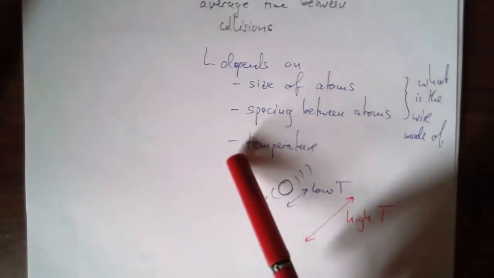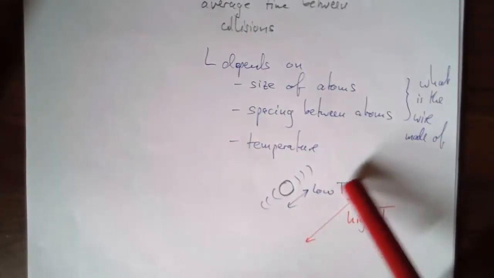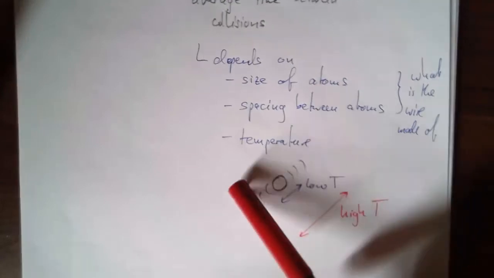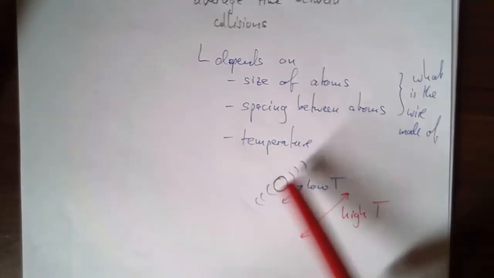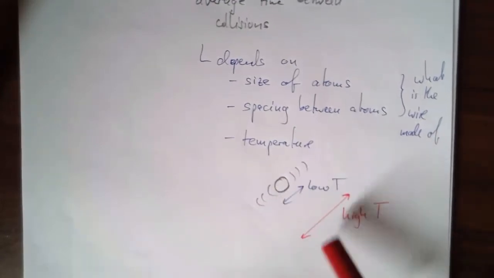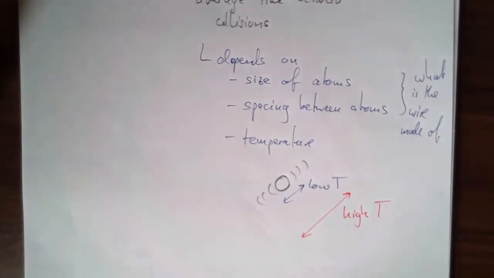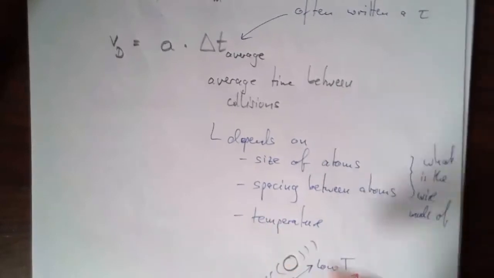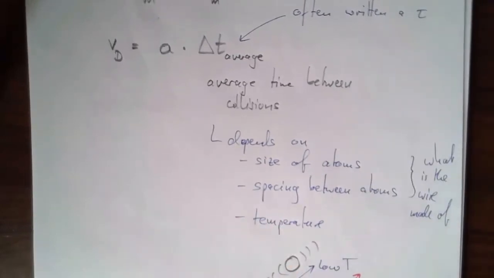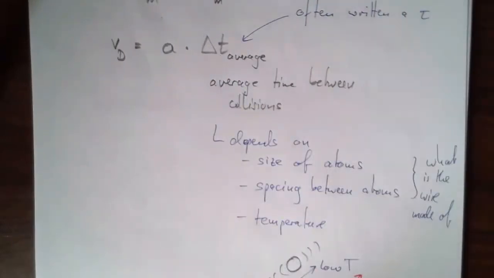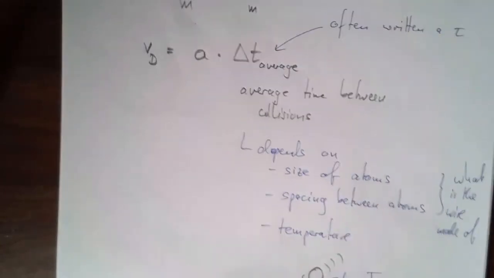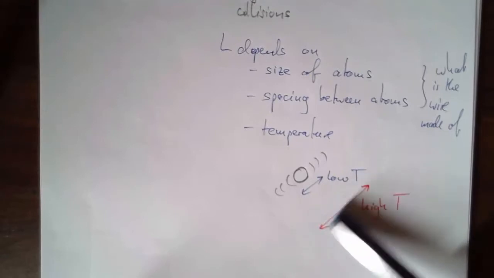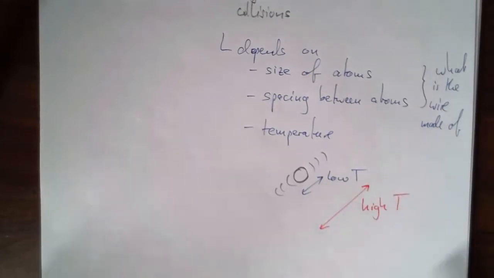So if an electron tries to come past it, it's more likely to get hit. Even if it's over here, it won't get hit by the cold one, but it might well get hit by the warmer one. So higher temperature means you're going to get a lower average time between collisions, because essentially each atomic nucleus presents a bigger target area.